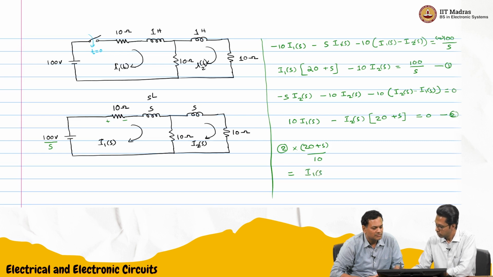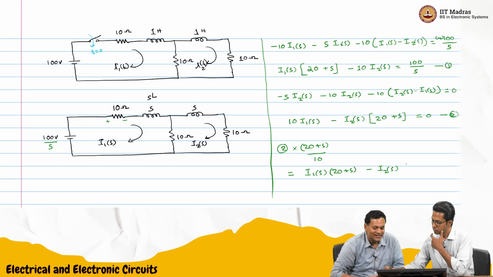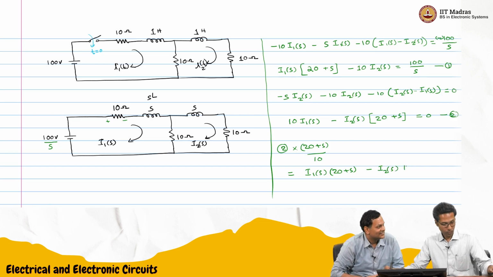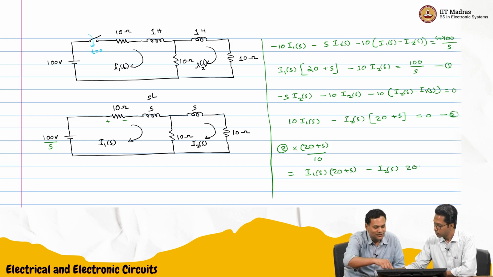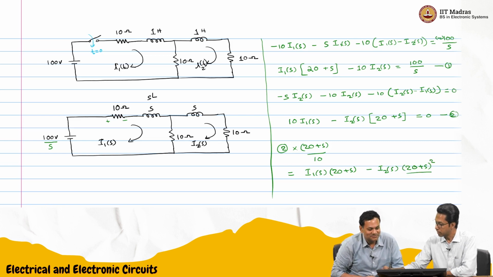So that will be I1 of S into 20 plus S, minus I2 of S into 20 plus S the whole squared by 10. I can see this is where the second order S squared is coming. This is equal to 0.